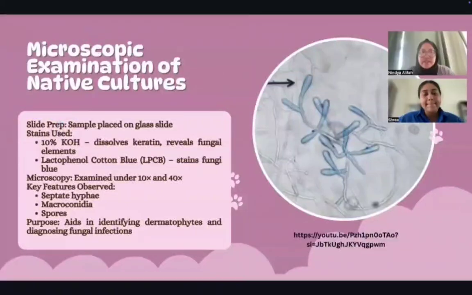Next is the microscopic examination of native cultures. For the slide preparation, the sample is placed on a glass slide using a stain of 10% KOH, potassium hydroxide, which helps dissolve keratin and reveals fungal elements. The second stain is lactophenol cotton blue (LPCB), which stains fungi blue.